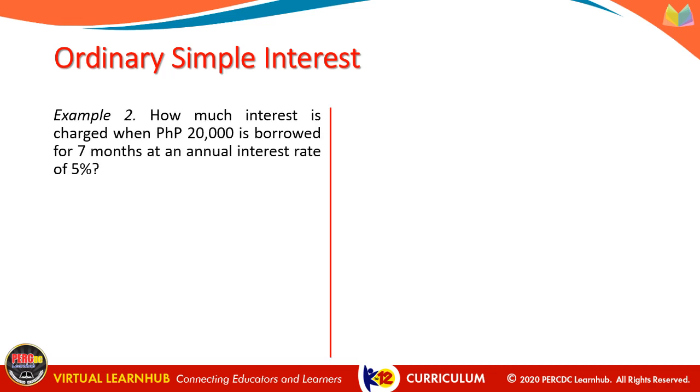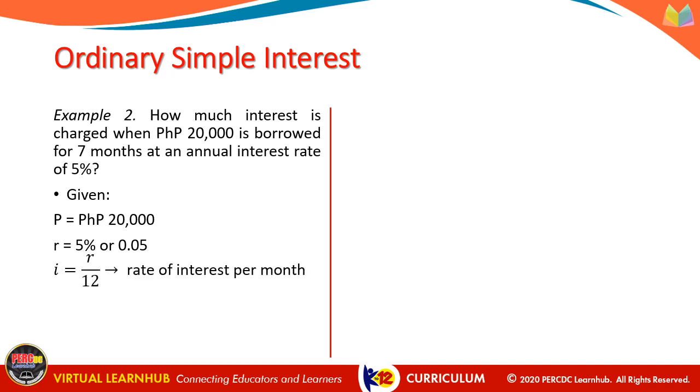Next, example number 2. How much interest is charged when 20,000 pesos is borrowed for 7 months at an annual interest rate of 5%? We have the following givens. Principal or present value P is equal to 20,000 pesos. Nominal rate r or the yearly interest stated in the problem, 5% or 0.05.